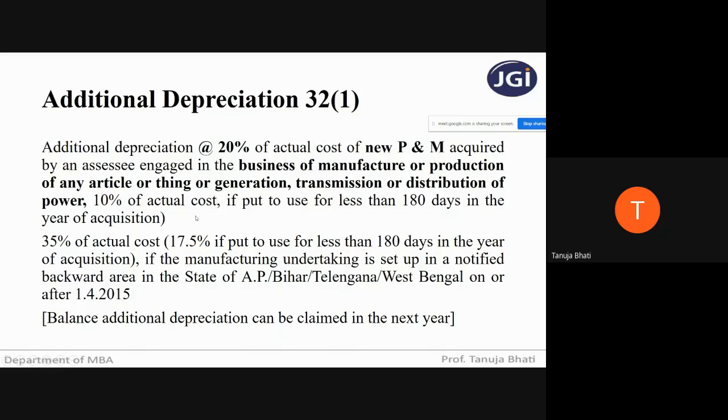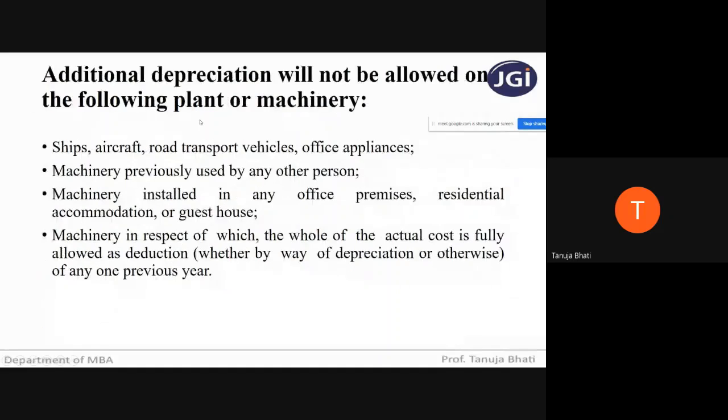But 10% of actual cost will be charged as additional depreciation if the asset is put to use for less than 180 days in the year of acquisition. 35% of actual cost, or 17.5% if the asset is put to use for less than 180 days, if the manufacturing undertaking is set up in a notified backward area in the state of AP, Bihar, Telangana, West Bengal on or after 1/4/2015. And in case of less than 180 days, the balance additional depreciation can be claimed in the next year.